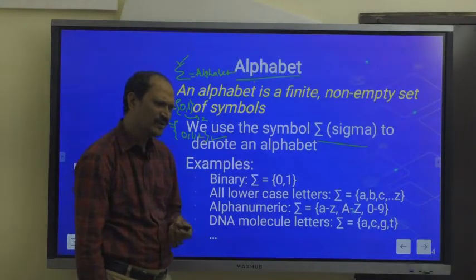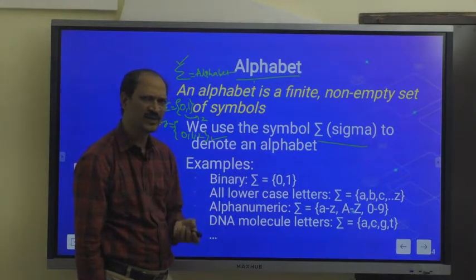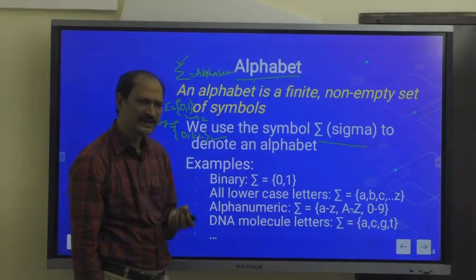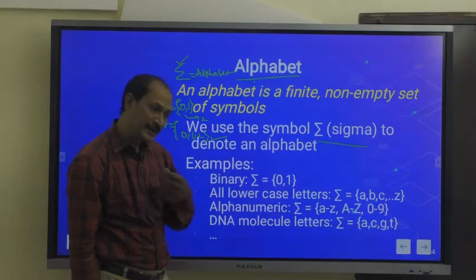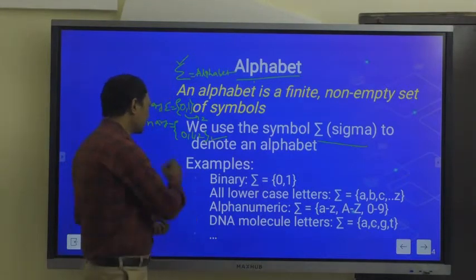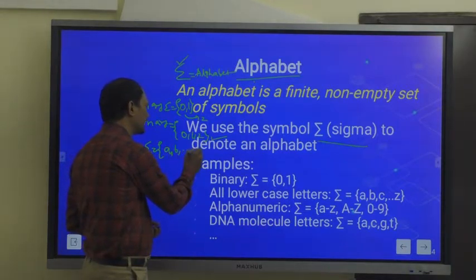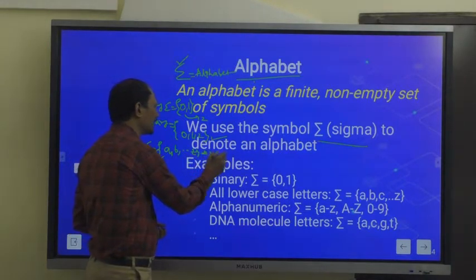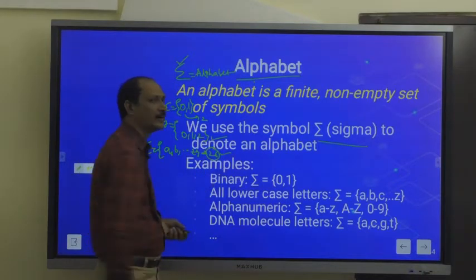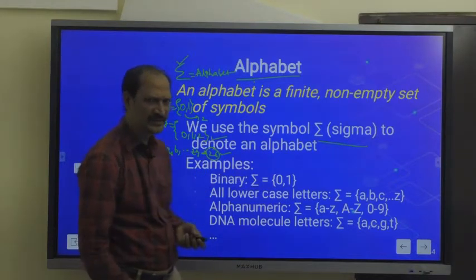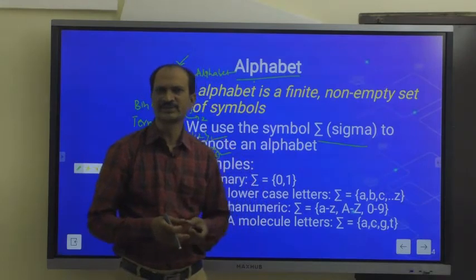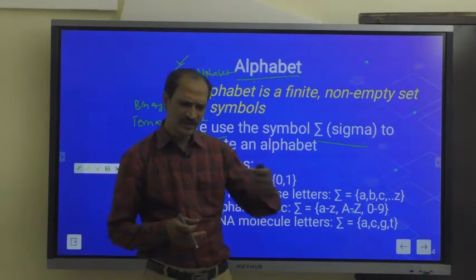Similarly, we can have octal alphabet, hexadecimal alphabet, lowercase English alphabet, uppercase English alphabet, like that. For example, lowercase English alphabet means small a, small b, and so on till z. That means 26 letters in total, which is finite in number, and it is not empty. So this is the second concept called alphabet.